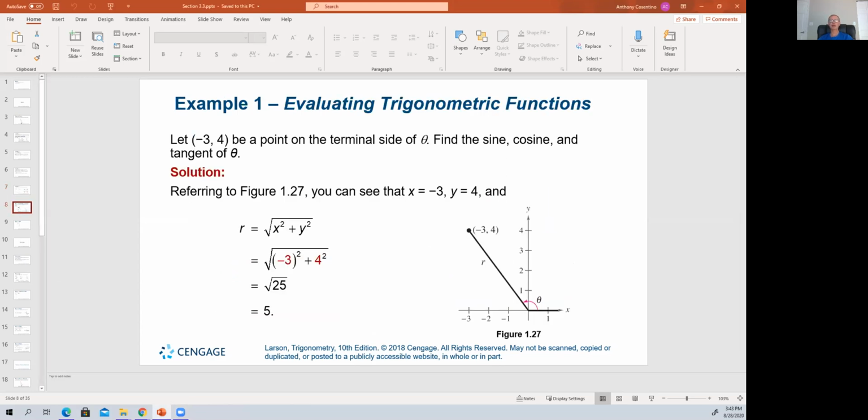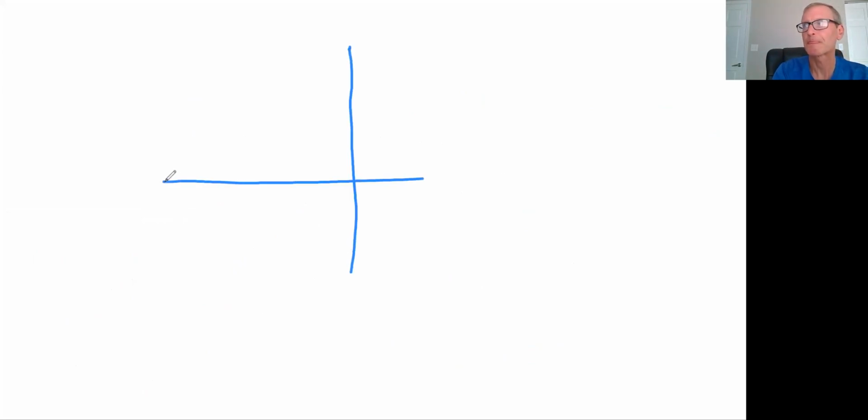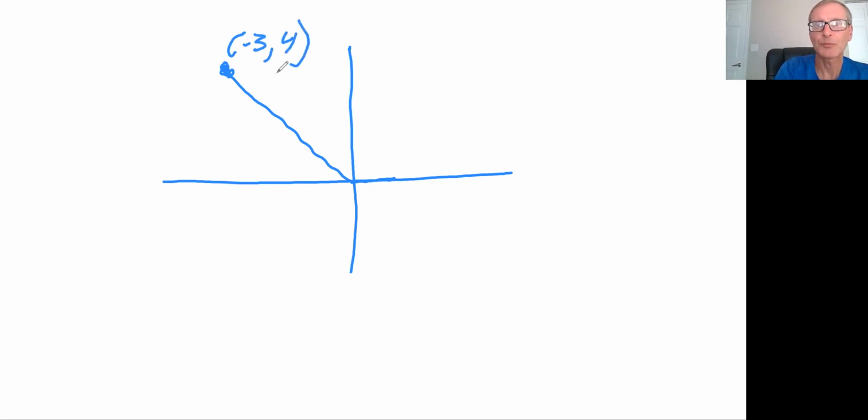So let's take a look at another example. I'm going to do this one on the whiteboard. I have it set up this way, where this is the positive x-axis, and we have a line going out to right here. This would be x equals minus 3, y equals 4, and we're dealing with this total angle.